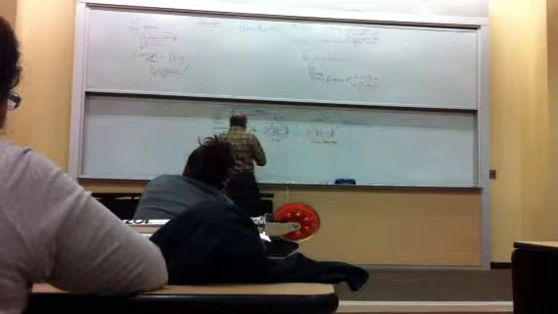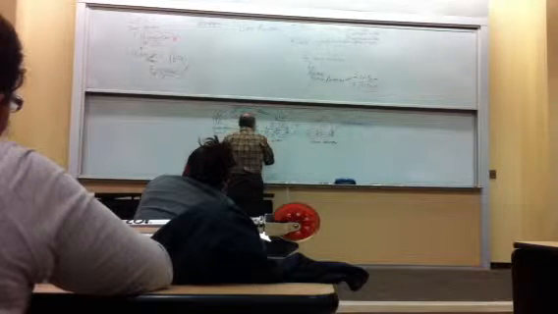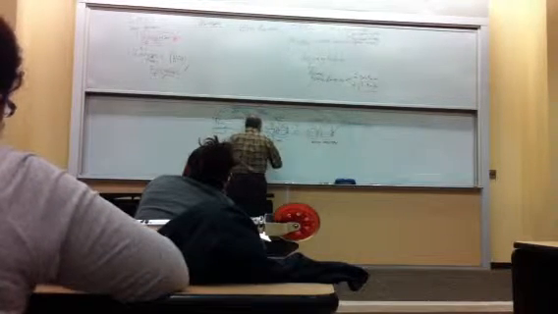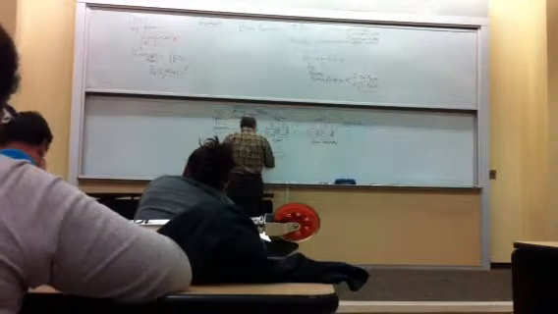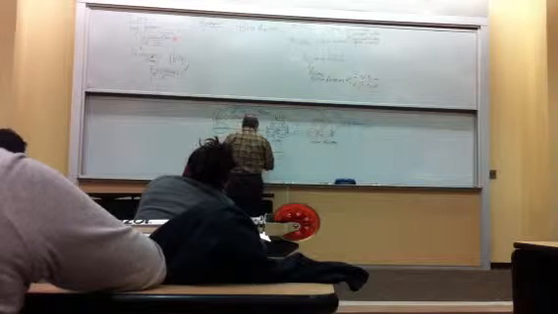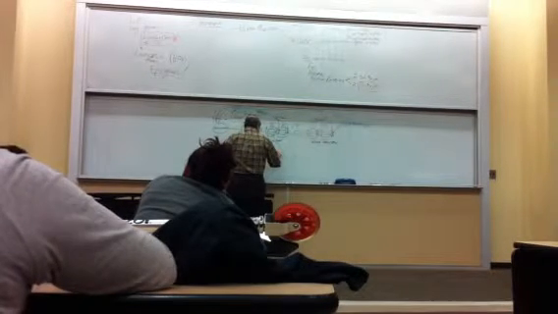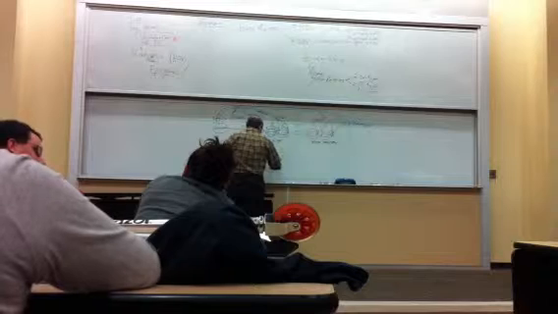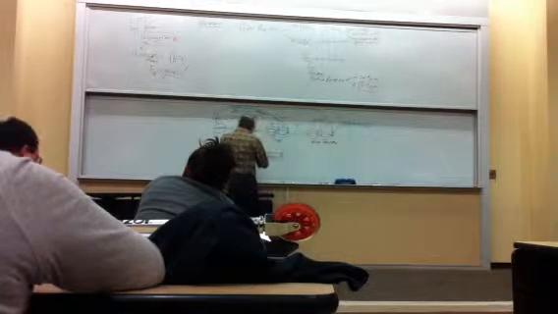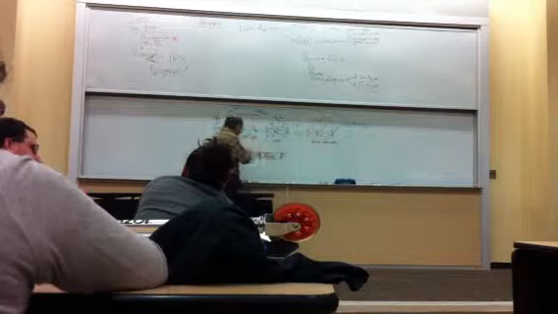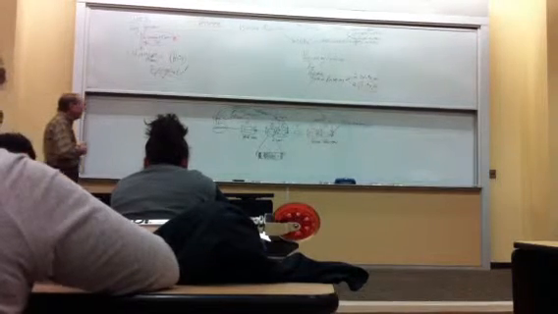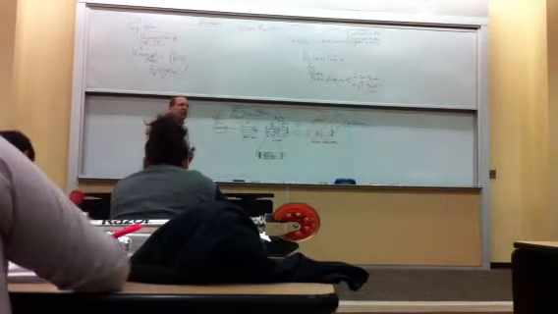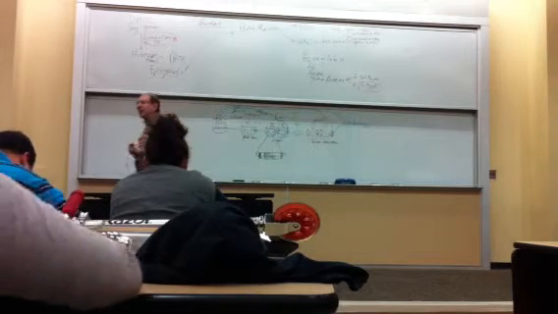So each one of these genes is identical in structure. All the genes, the alpha and the beta genes, came out of a single gene that duplicated and diverged.